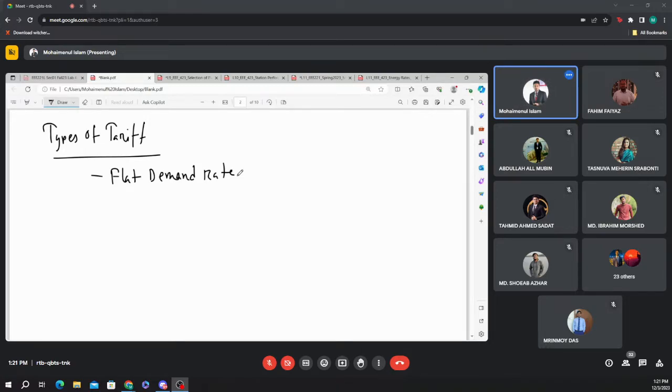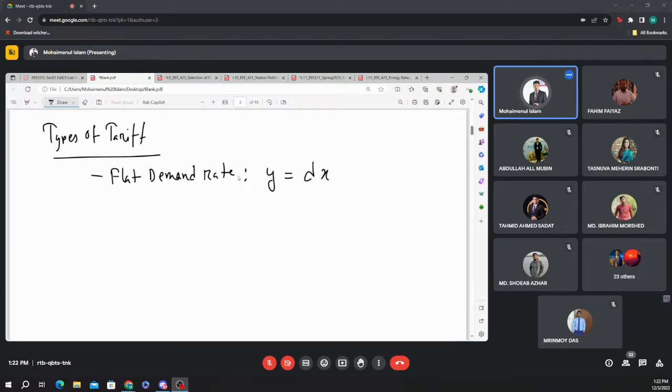Okay, so the graph should be like that, the flat demand rate graph, and the equation should be y equal to, as you know, we have the general rate dx. Maximum demand is your x, and d is your rate. So your equation should be y equal to dx.